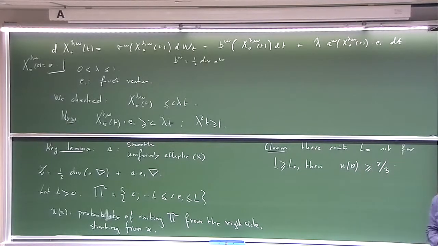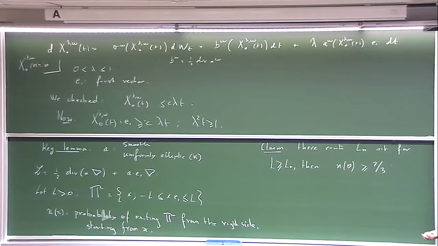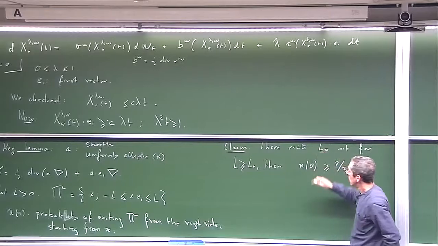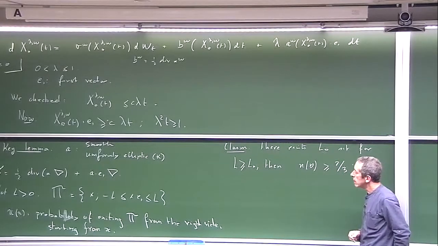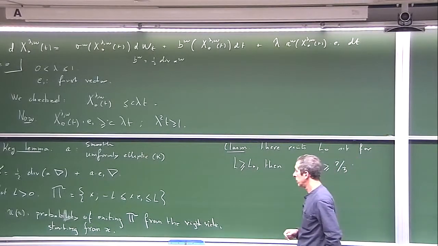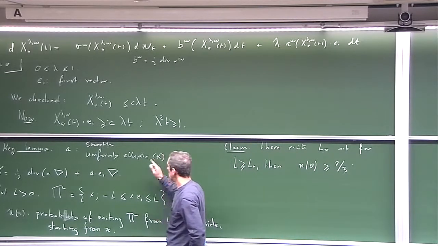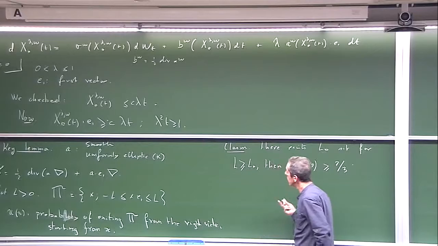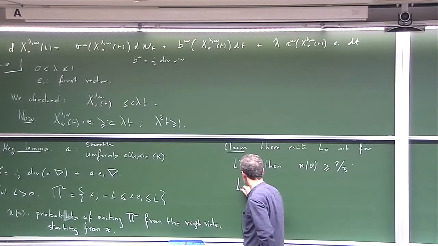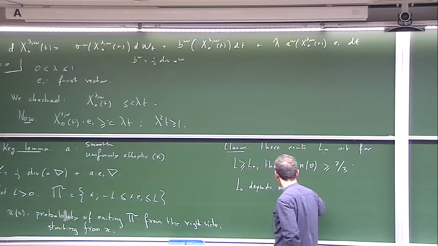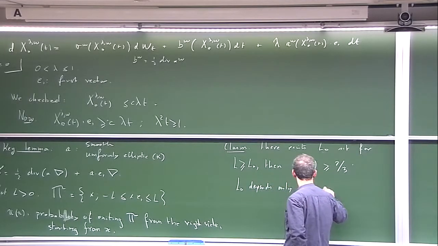Okay? And it's important in that lemma that the length L0 does not depend on anything but the ellipticity constant and the dimension. So L0 depends only on kappa and d.